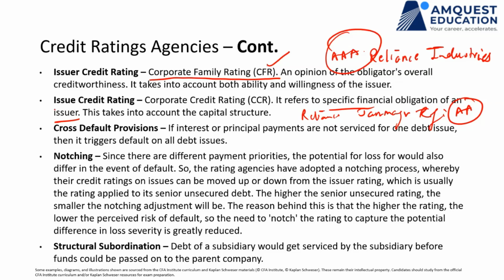So, if I have given a loan to the company, I can bring in this cross default provision and tell the company, look, if you default on any of my payments, that will automatically trigger repayment of all the remaining debt, right? You will have to make payments to all your debt holders if you don't pay me. That is a condition. If you want to sign the debt agreement, otherwise don't sign.